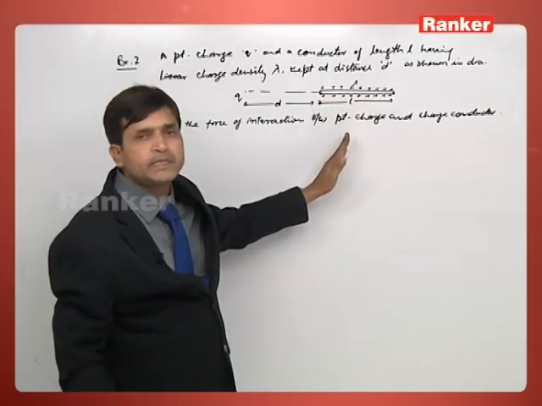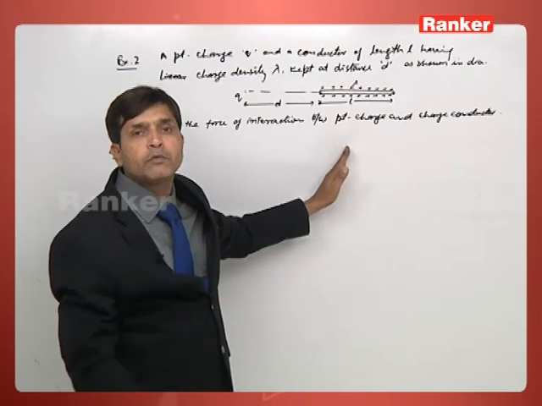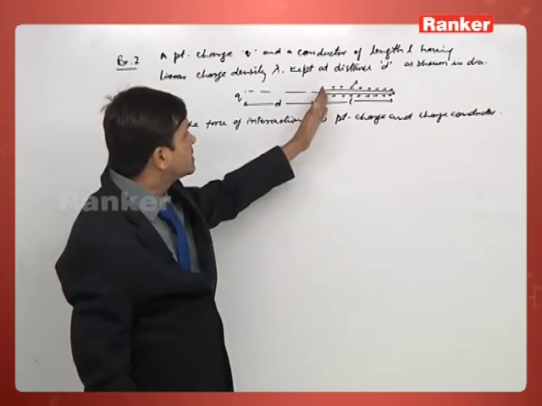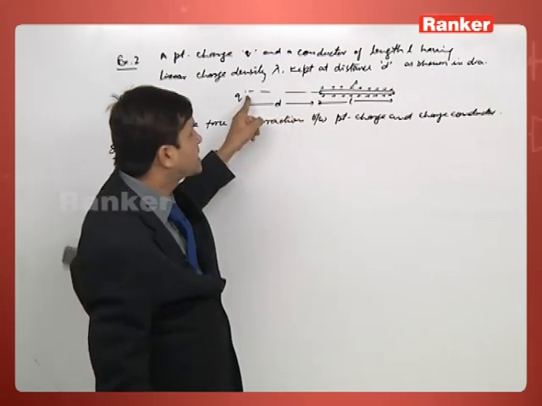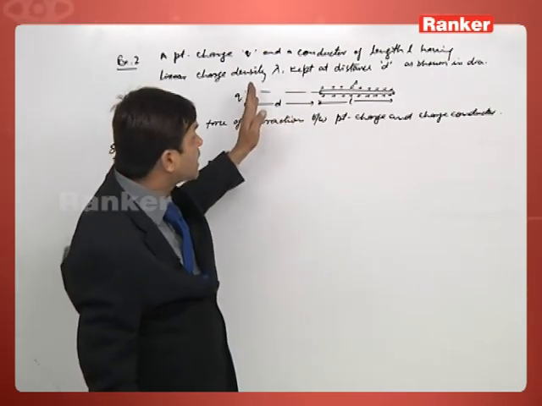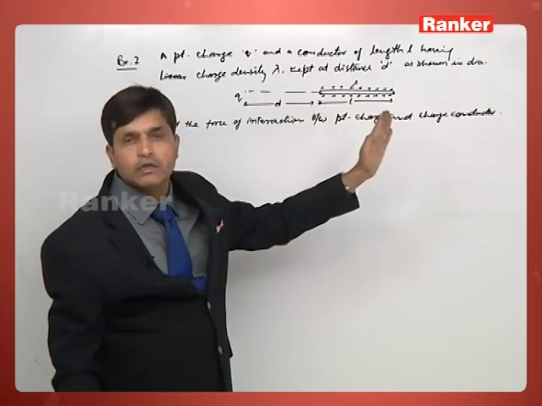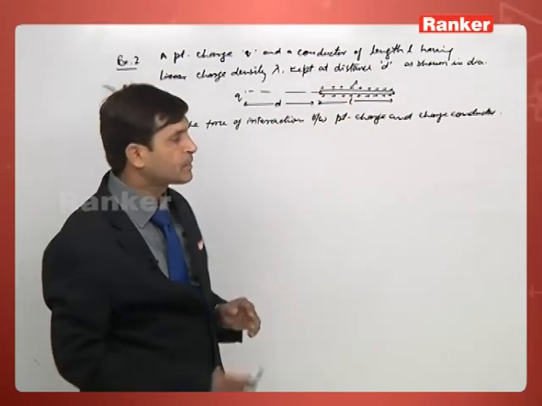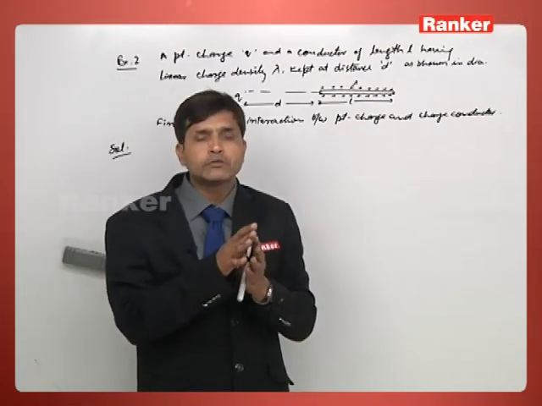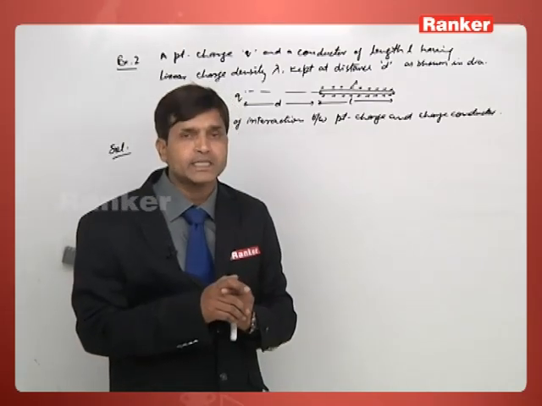This rod can be taken as a collection of point charges kept at different distances from this charge q. So we calculate the force on all such point charges, then take the vector addition of all that. This is also known as the method of integration.